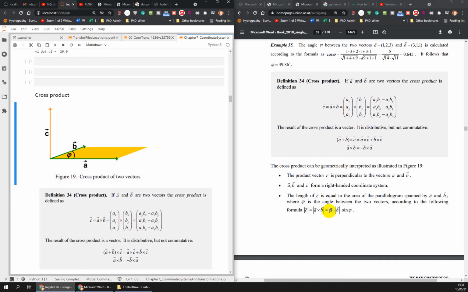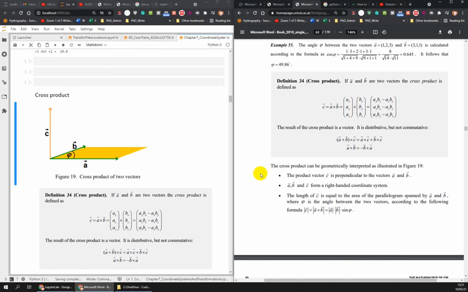The length of cross product C is equal to the length of vector A multiplied by the length of vector B, then multiplied by the sine of the angle between A and B.